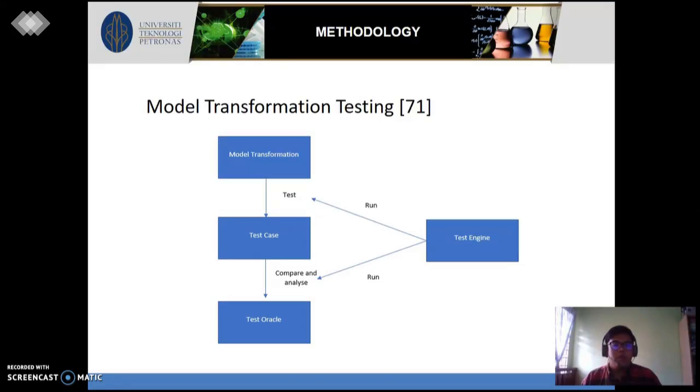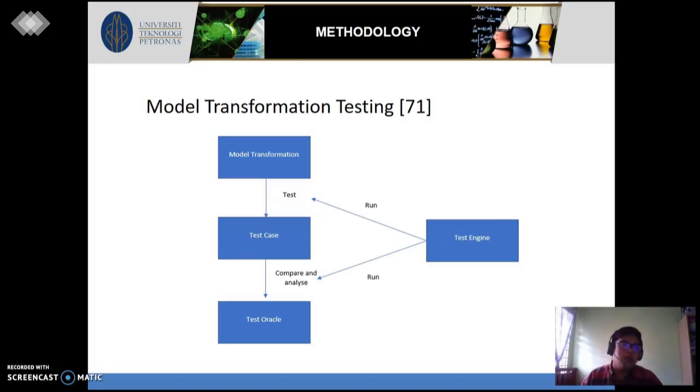Then, moving on with the model transformation testing. The diagram shows the model transformation testing phase. Basically, first we have the model transformation, and then the model transformation will be tested with the test cases that have been generated. From the result of the test cases, we compare and analyze with the test oracle.